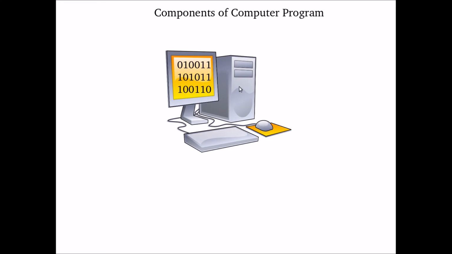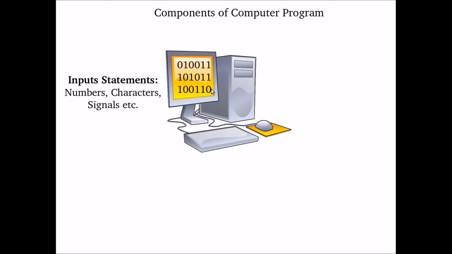So well, let's now talk of components of a computer program. What do we mean by components of a computer program? What are the essential parts of a computer program? So as I already told, a computer is a device which actually understands information in the form of zeros and ones only.